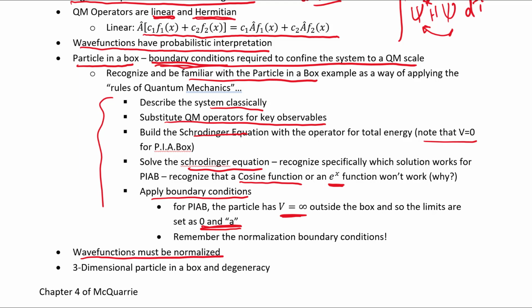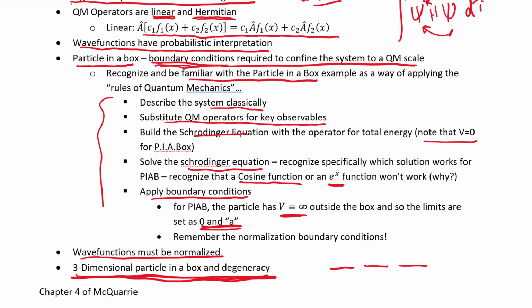Later on in chapter 3, we also talk about the three-dimensional particle in a box. And then we go on to talk about degeneracy. There were some questions on the first exam about degeneracy. Degeneracy is basically the idea that for a single energy value, there might actually end up being more orbitals. There might end up being more wave functions that can provide a single energy that is the same energy.